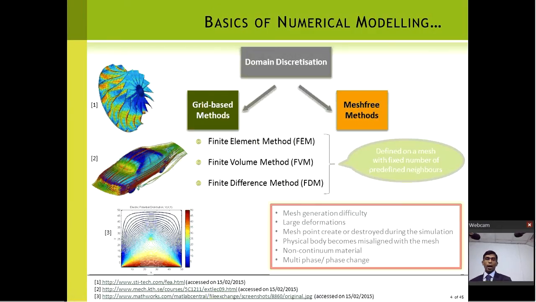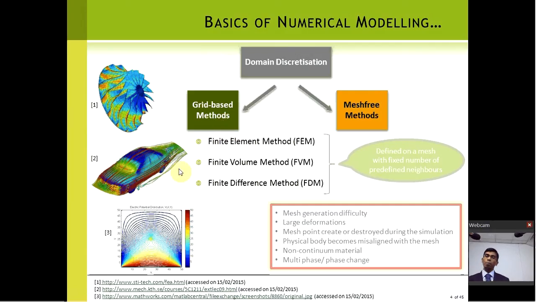Then I'll move into some more facts on this one, where whatever numerical technique we use, we need to discretize the domain. What is that? Currently we use digital computers. So if we were to use a digital computer, we need to discretize a problem, whatever the design. The discretization, or bringing this big problem into some small components, can be done using grid-based methods or meshfree methods.